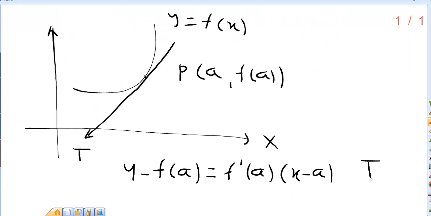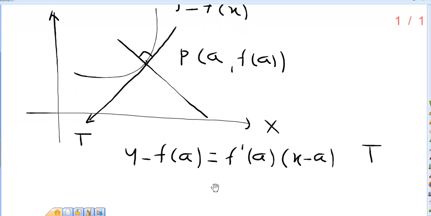Now, one more definition. The line perpendicular to the tangent at point P is called the normal to the curve. As the slope of the tangent is f dash of a and the product of slopes of two perpendicular lines is -1, what will be the slope of the normal? It will be -1 upon f dash of a.